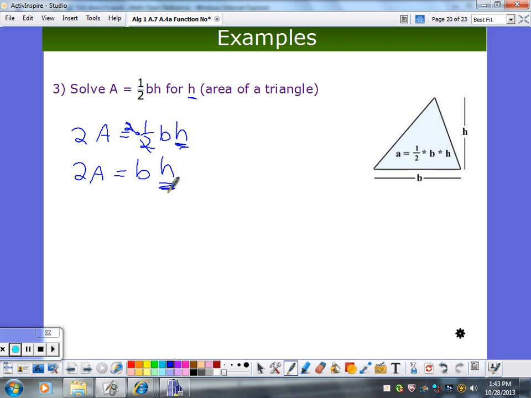Again, I underline to remind myself where I'm going. I want h by itself, so what do I do here? Divide by b. Does bh minus b help you? No. But b over b is 1. h equals 2a over b. Rewriting the formula for area of a triangle, in case I don't know height but I know the other two, I can now figure it out.